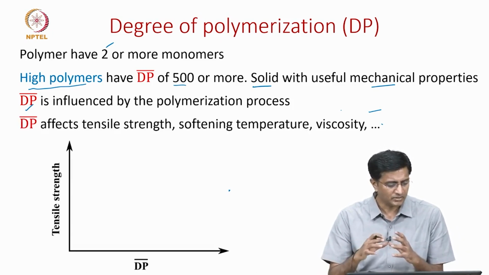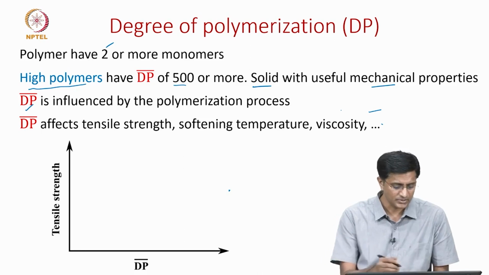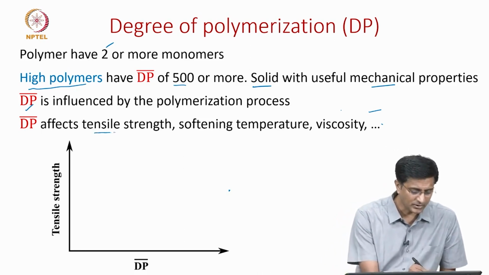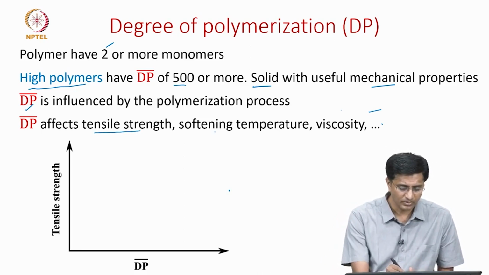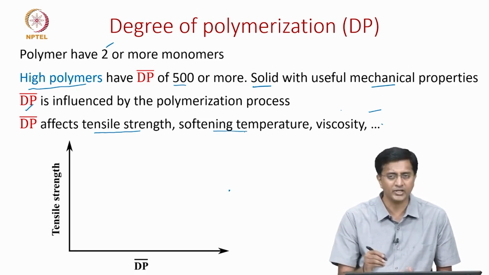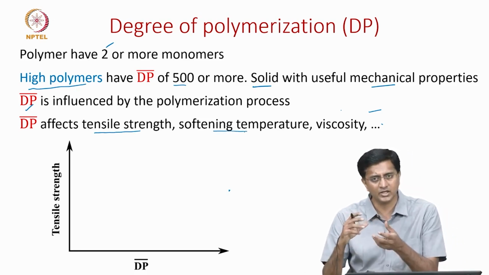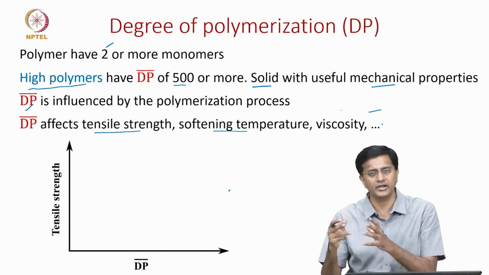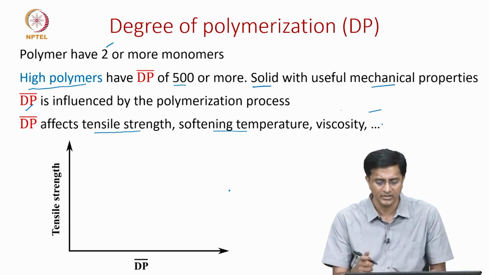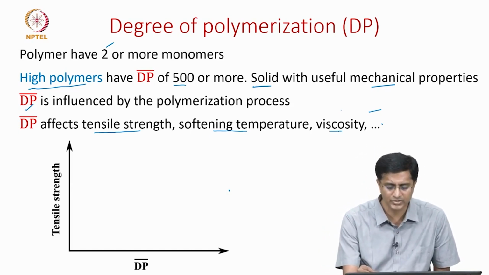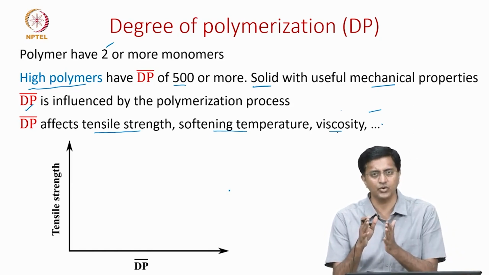So, as we said, this affects the mechanical properties. Primary of those is the tensile strength. It also affects the softening temperature, the temperature at which the polymer acts very soft compared to the regular polymer, which is usually hard. And then it also affects the viscosity. Viscosity is the resistance to flow.